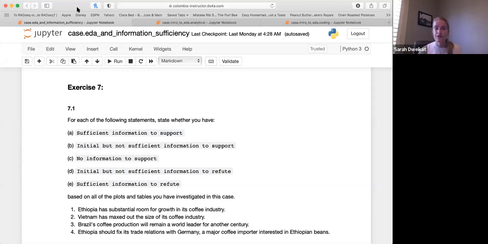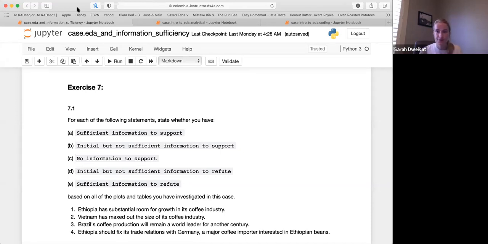So thinking about those things. Number 2, Vietnam has maxed out the size of its coffee industry. Do we have information to say that Vietnam has actually maxed out its capacity? Number 3, Brazil's coffee production will remain a world leader for another century. Do we have information to say that Brazil will remain the top coffee producer for another 100 years?